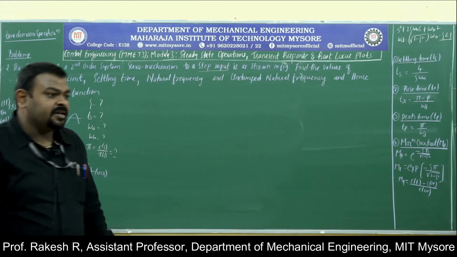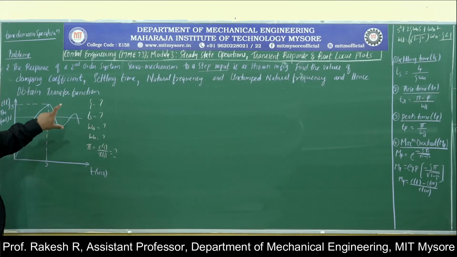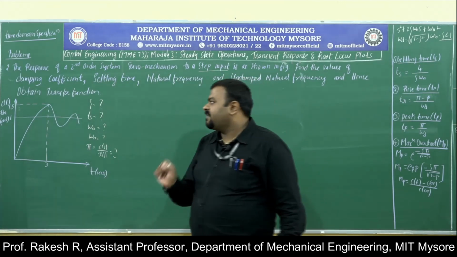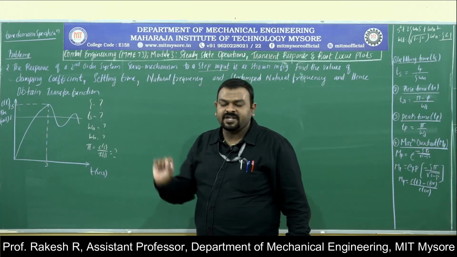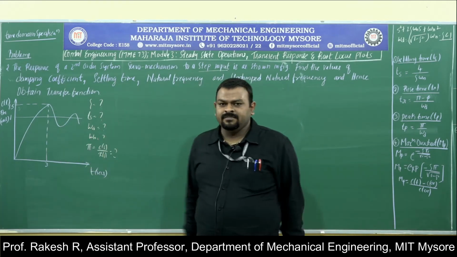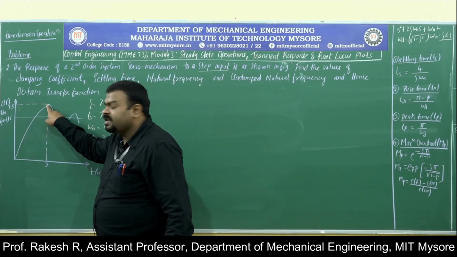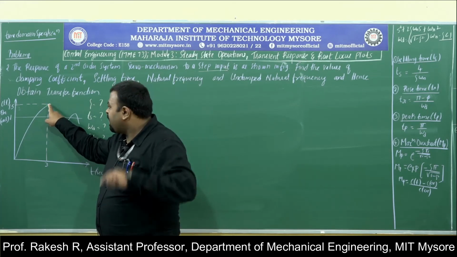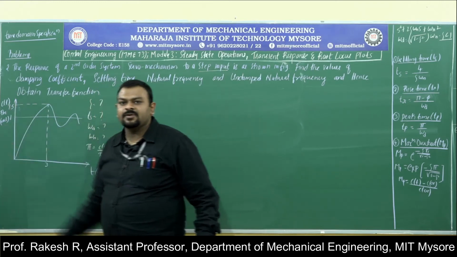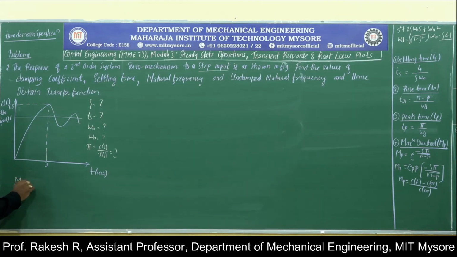So these are the data they have given, but we have to extract the data here. In order to extract data from the graph, you have to know exactly the definitions of time domain specifications. If you don't know the definition, you cannot extract data. So please carefully observe the values. Here they have given 1.5. The 1.5 is the maximum overshoot value, they have given the C of t values. So in other words, this is maximum overshoot.